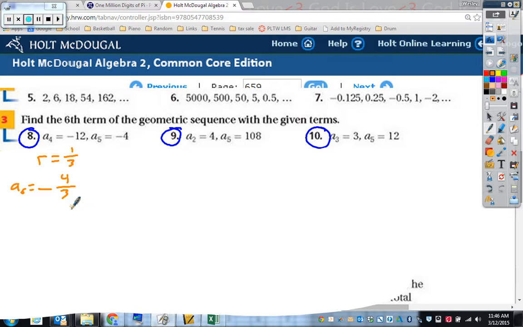For number 9, a sub 6 is 324. And for number 10, you're going to get two different answers. That's again where we had your square root. You would have gotten either 24 or negative 24.